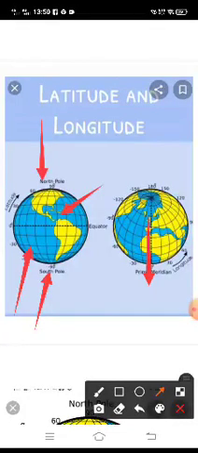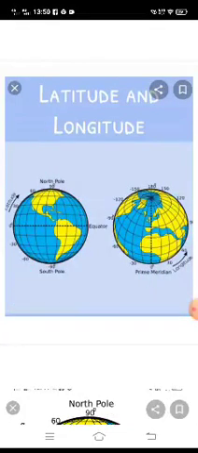Greenwich in London is also known as the prime meridian, and we mark it at 0 degree. As it is marked as 0 degree, the time in Greenwich is the world time, and we follow the time accordingly, varying from place to place.